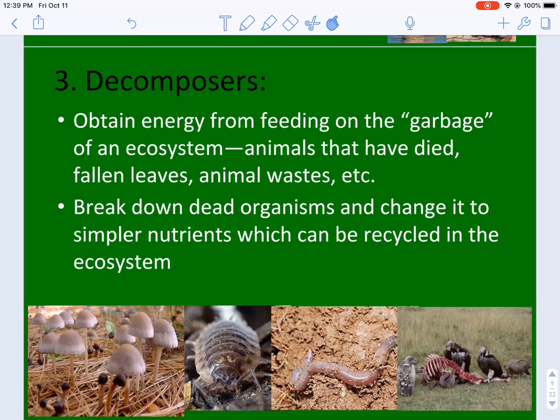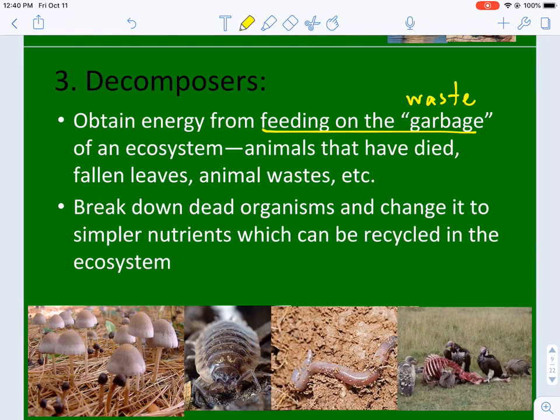Lastly, decomposers. And these guys are also a type of heterotroph because they obtain energy from feeding. They just feed on the garbage or waste of an ecosystem. This can be animals that have died. It could be fallen leaves or dead plants. It could be actual animal waste like poop.